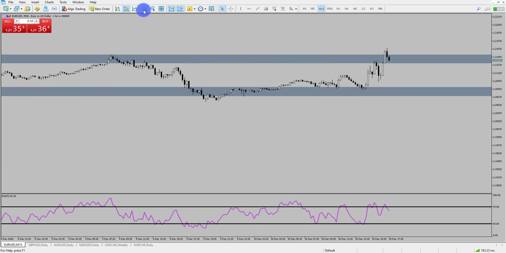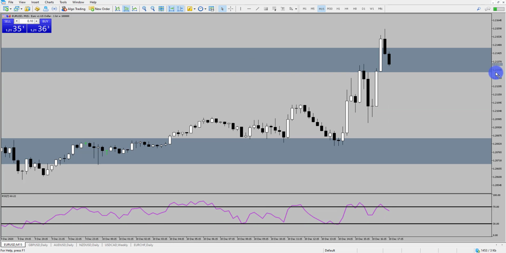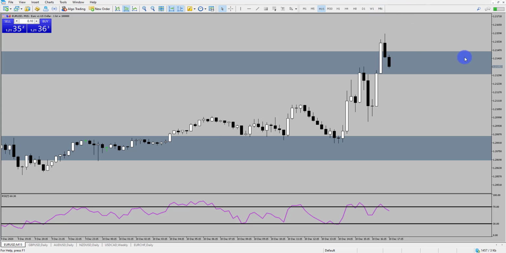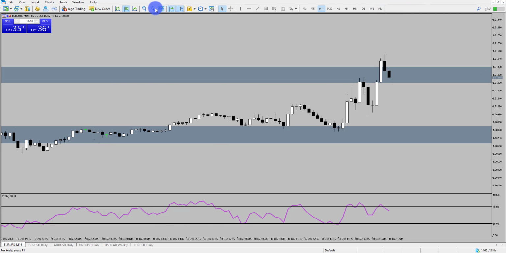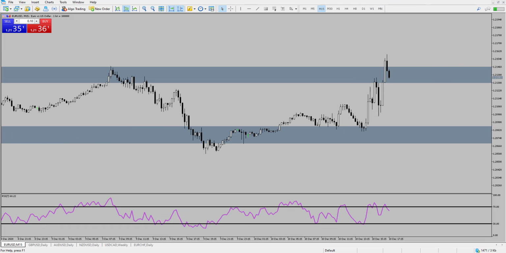We zoom in a little bit, and what I'd want to see is some significant closes above this level first. If the market was breaking to the upside, making those clear higher highs in here, what I'd be looking for is that pullback into this zone, a change in cycle, and a long trade up towards that 122.50 level.